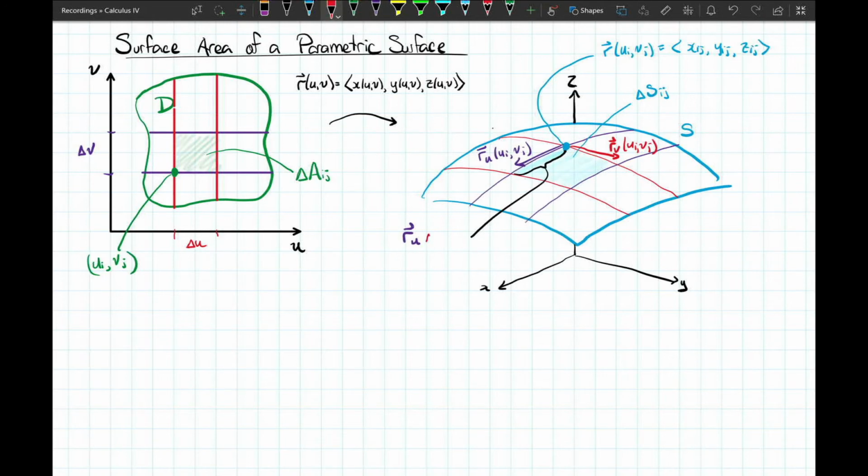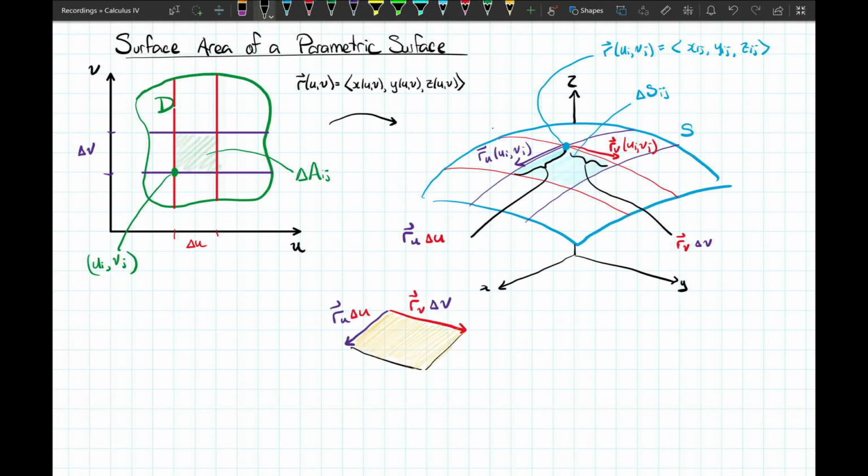That is our delta u. Similarly, if we want to find the length of this little arc right there, this is approximately equal to the partial derivative r_v, and then multiply that by delta v. Okay, so now we've got the approximate lengths of those two arcs, and with those two lengths, let's take a look at finding the area of a small parallelogram.